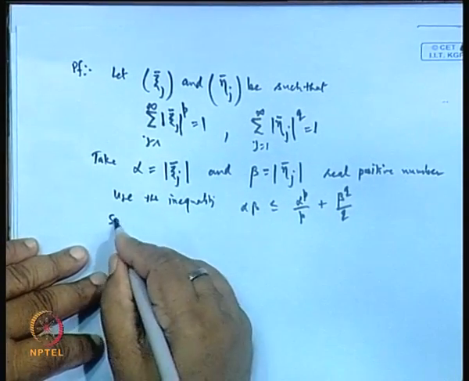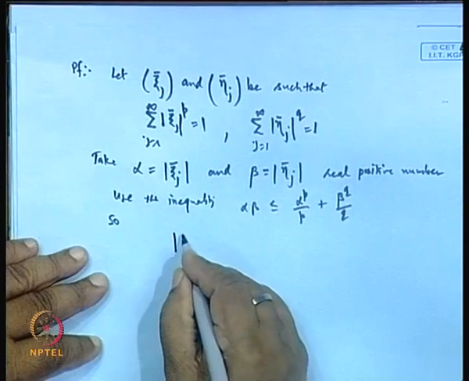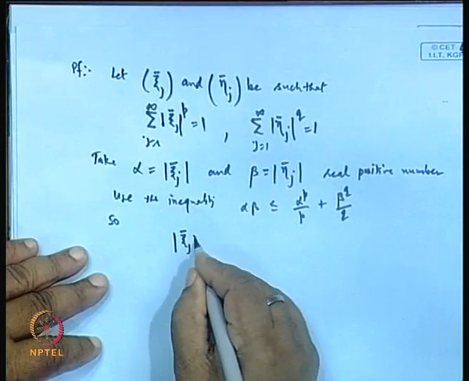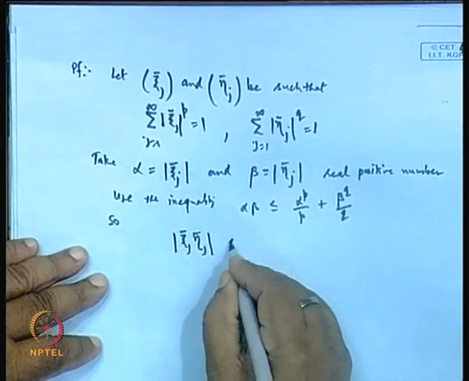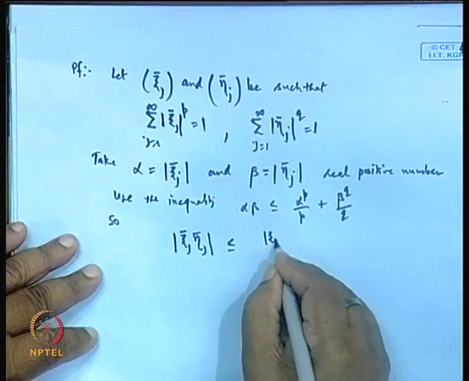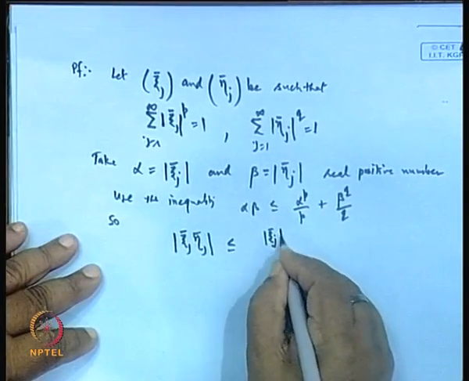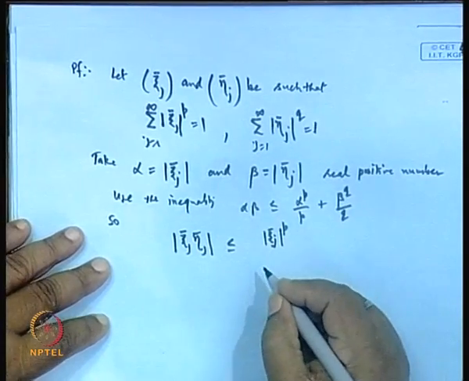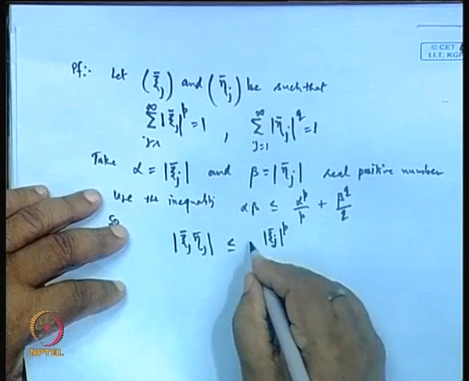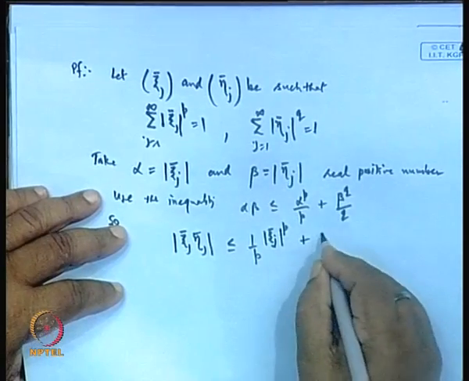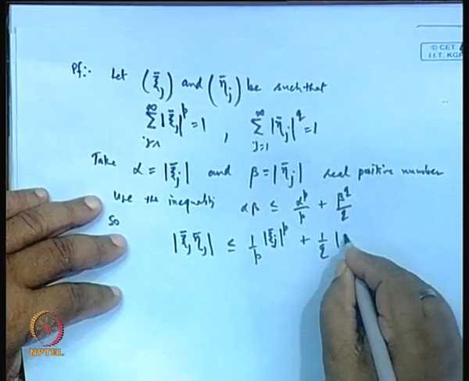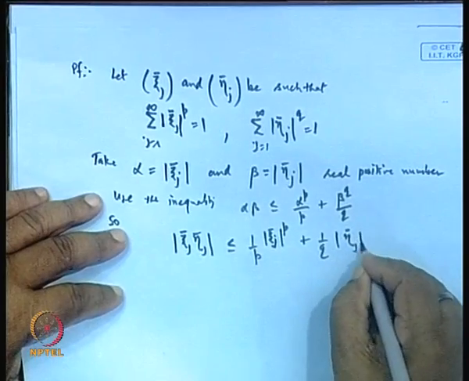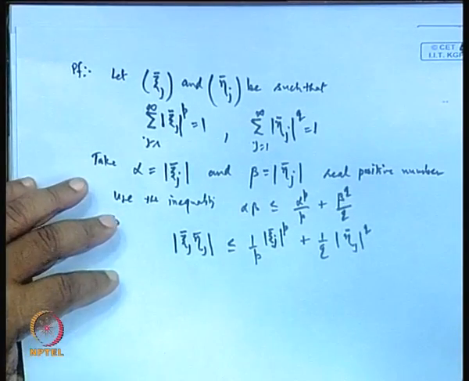So, we get mod of xi_j bar eta_j bar is less than or equal to mod of xi_j to the power p by p plus mod of eta_j bar to the power q by q. Okay.